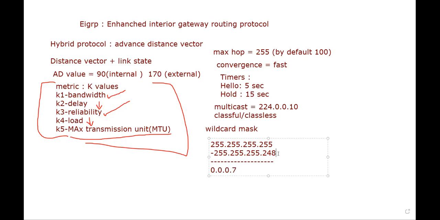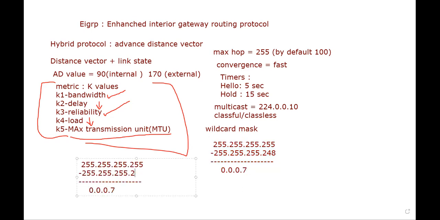For example, if your subnet mask is 255.255.255.248, your wildcard mask is 0.0.0.7. If your subnet mask is 252, then your wildcard mask is 0.0.0.3. This is the criteria.